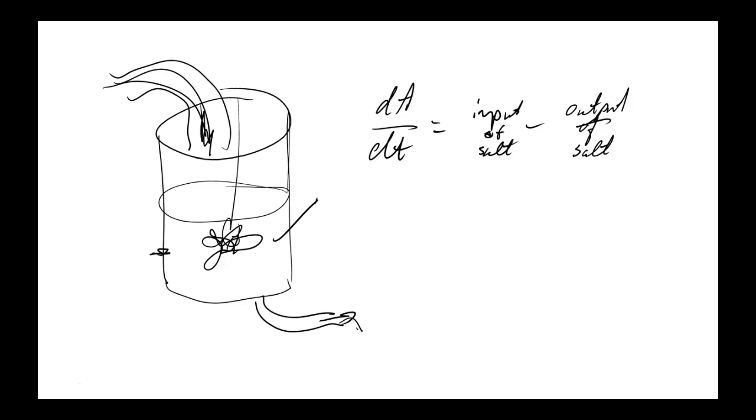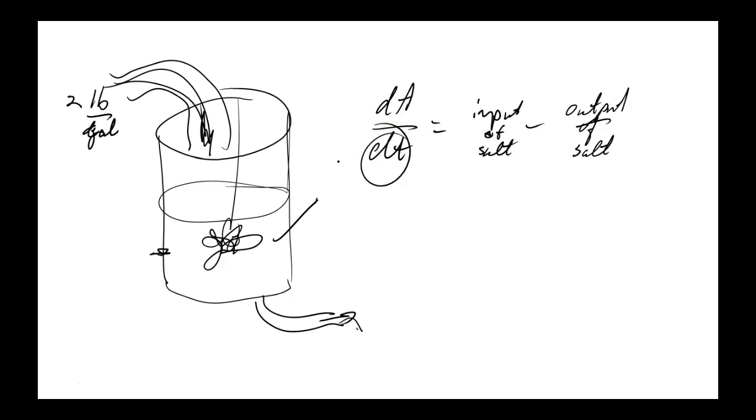And they actually put some numbers in this one, and the concentration of the input is 2 pounds per gallon. Now that's a concentration. That is a rate, but it's not a time rate.